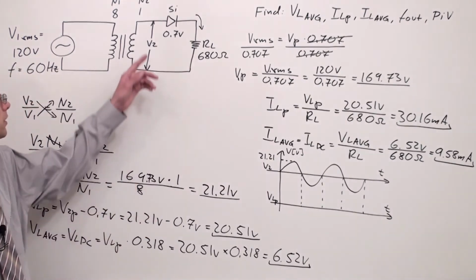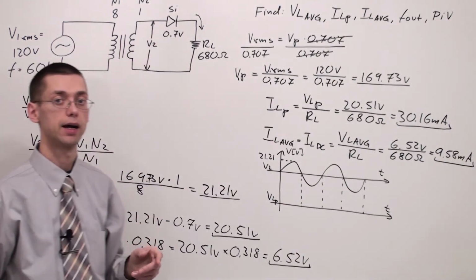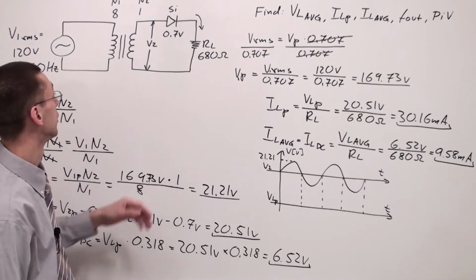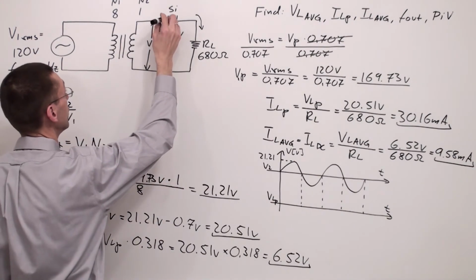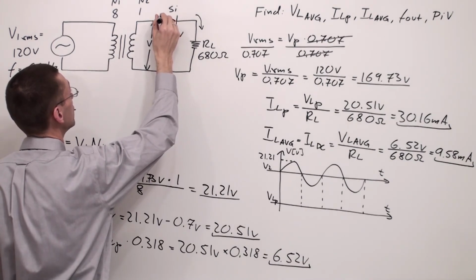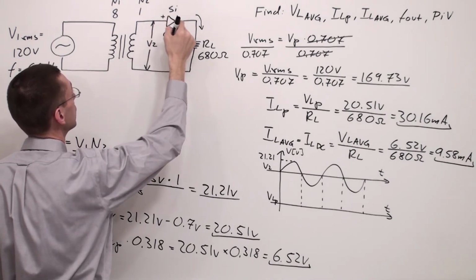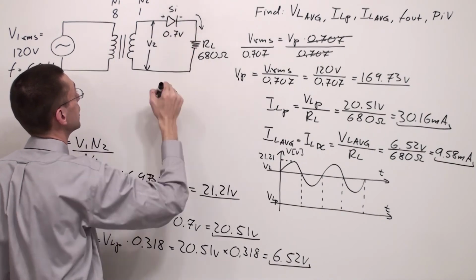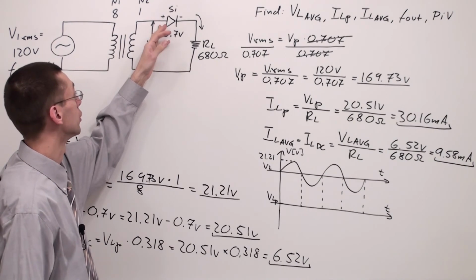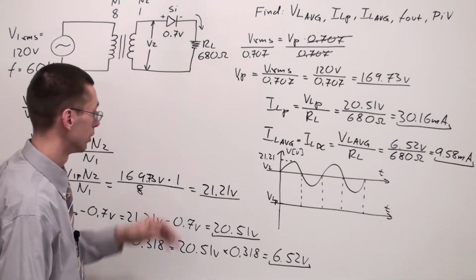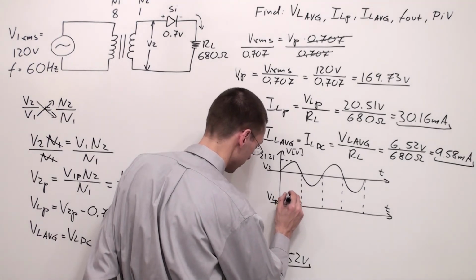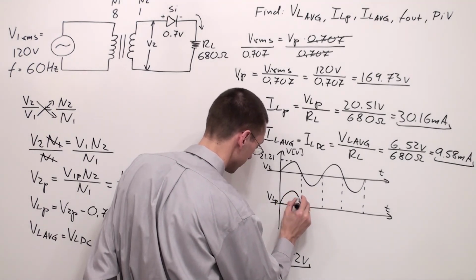Remember that the diode passes the current only in one direction. If you look at this diagram, you have to remember that this is the anode, and the anode is the positive terminal of the diode, and the cathode is the negative terminal of the diode. So if the positive half cycle is coming through this diode, on the output you are going to see also a positive half cycle.